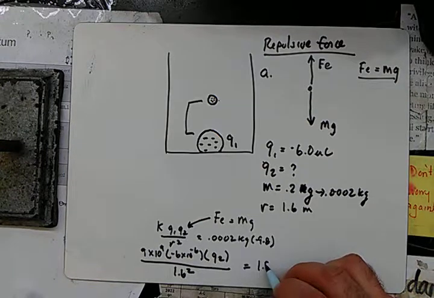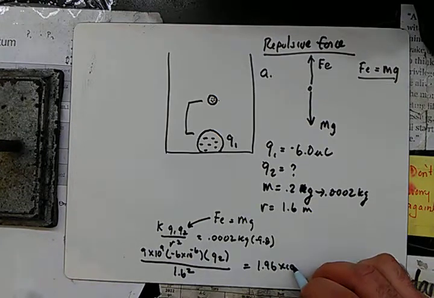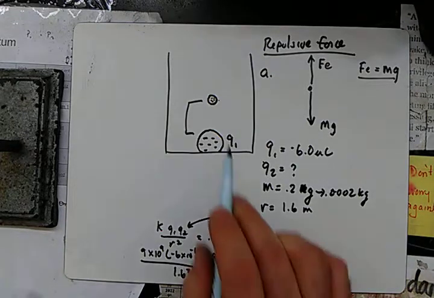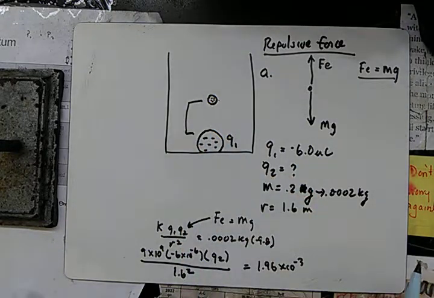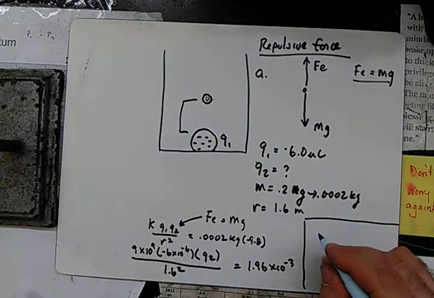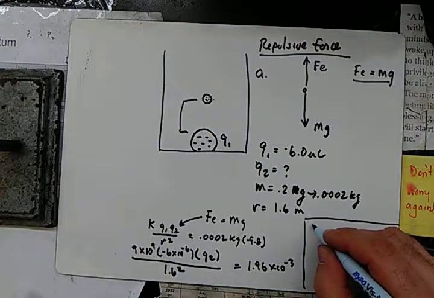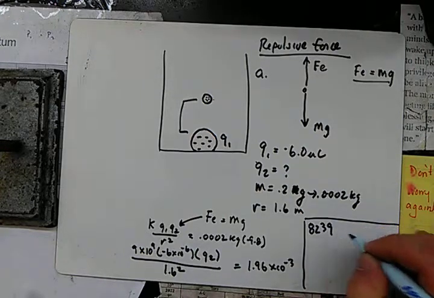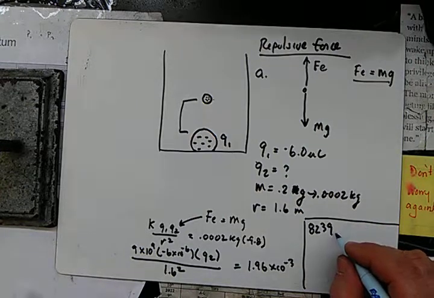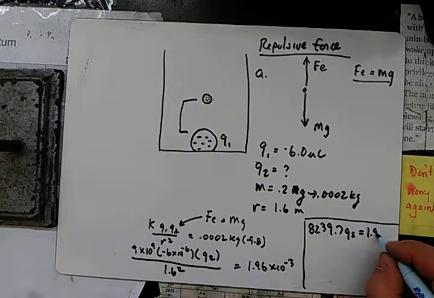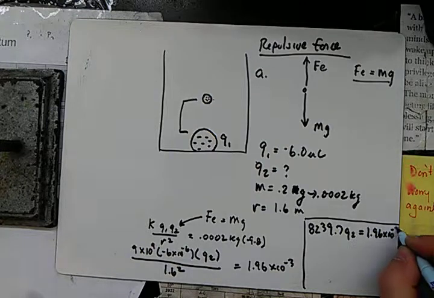This is 1.96 times 10 to the -3rd on this side. So again, we're solving for the charge on that tiny object. So after typing away on the calculator, on the left side what I've got is 8239.7 Q2 equals 1.96 times 10 to the -3rd.